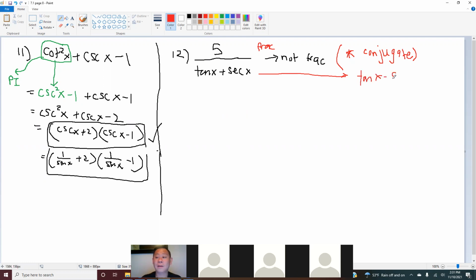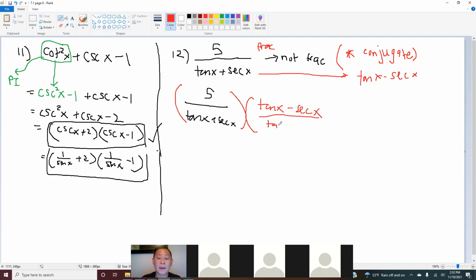Tangent x minus secant x. So what we do with this is you take the fraction 5 over tangent x plus secant x, and you multiply this with the conjugate, tangent x minus secant x, the top one, and the bottom one, tangent x minus secant x.